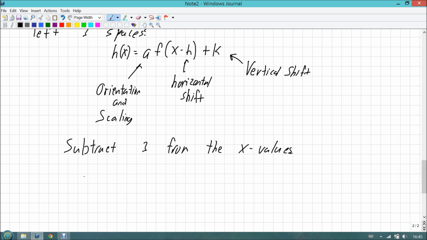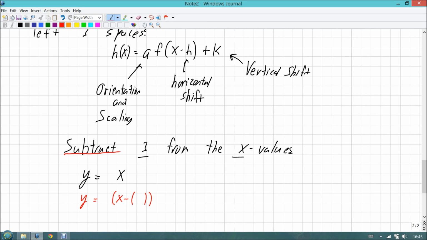Let's say that we are given y is equal to x. Now I want to subtract 3 from the x values. So what I would do for my new one is I have the same x, except that it's supposed to be a minus h inside of a set of parentheses. So I'm going to say a minus and then my horizontal shift.